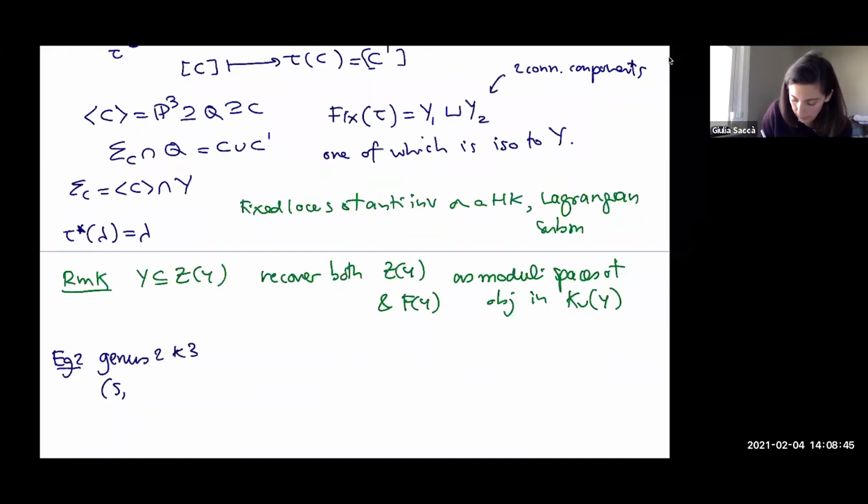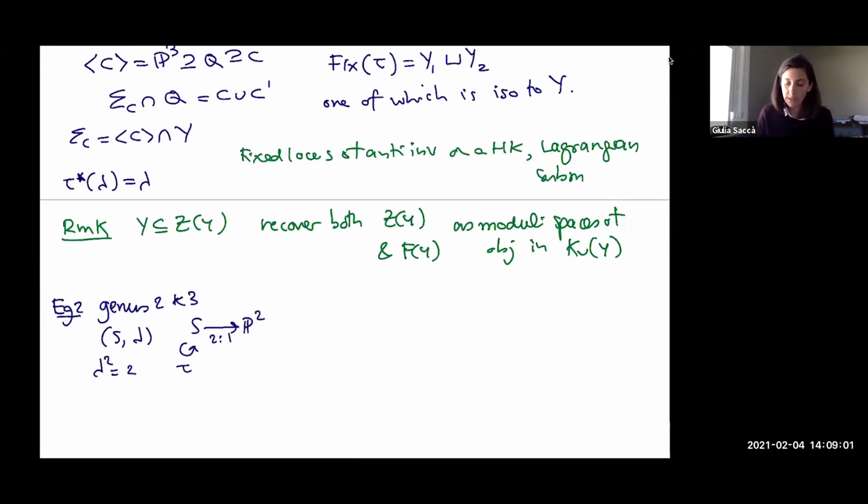So S, lambda squared is equal to 2. If lambda is ample, there's a 2-to-1 map to P2, and there's an involution which is anti-symplectic because P2 has no holomorphic 2-forms. And of course, the involution preserves this class because the class lambda comes from P2.